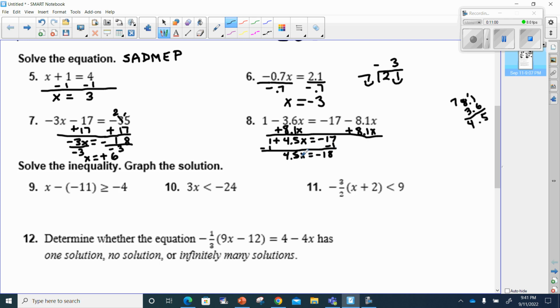We do this because, remember, we want to get x by itself, so we're going to divide 4.5 away. Whatever I divide from one side, I divide from the other. Now I have 18, and I know it's a negative 18, divided by a positive 4.5.